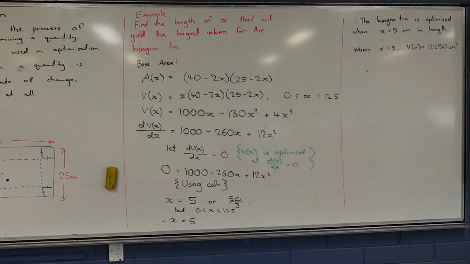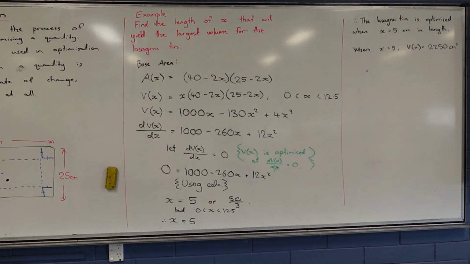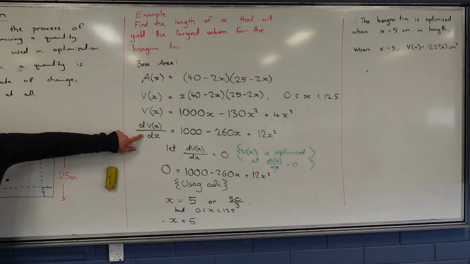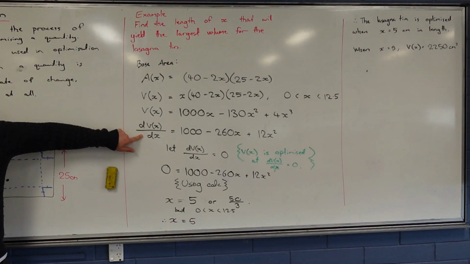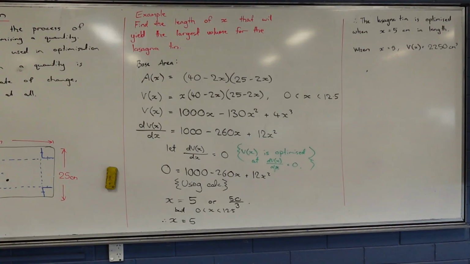The question is, do you understand the progression that's happened on the board here? If I said, Emma Porter, why did we take the derivative? To get x. We want to get x, but what's the purpose? What does the derivative tell us in this case? dV over dx, what does that mean? Think about it, what's volume?